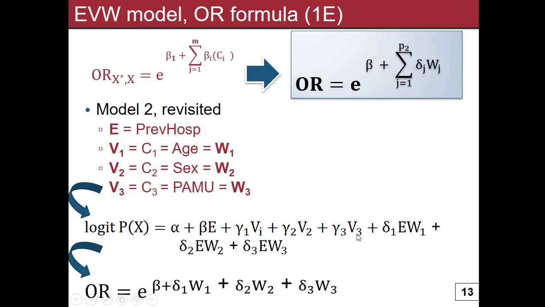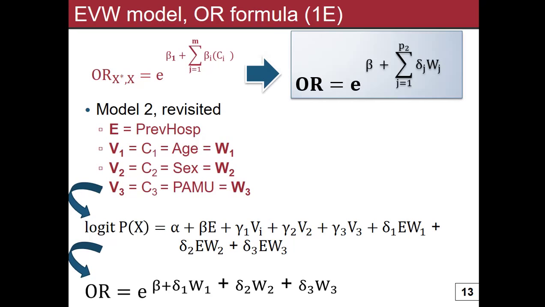So the deal is all these V terms go away. What's nice is that if you label your variables by what are the E's, what are the V's, and what are the W's, you can quickly get to that odds ratio expression by crossing out the V's. Those are the terms that we know will go away, because they're going to have the same value in the numerator and denominator of the odds ratio expression. So e to the beta, and then you keep the W terms in the odds ratio expression.